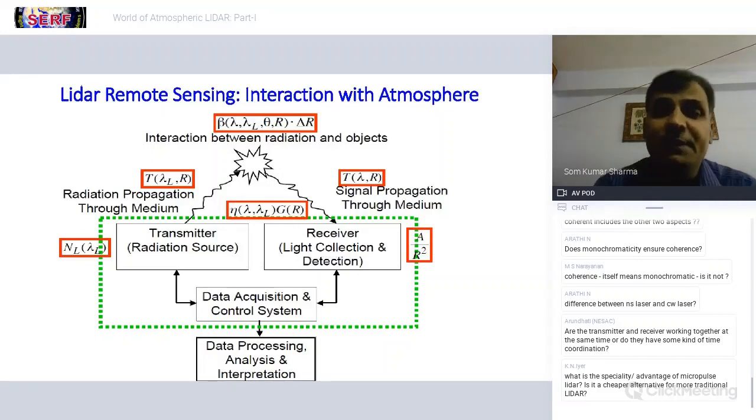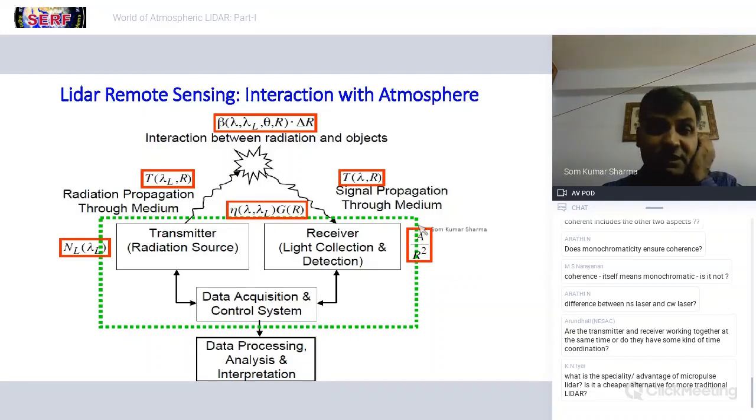The solid angle is subtended by the source at the telescope, that is A upon R square. These terms will again come into the LiDAR equation. Please remember. So this laser power, how many photons you are pumping into the atmosphere, how much is the transmittance of the atmosphere while going, and how much is the transmittance while the signal is received after interacting with the atmospheric objects, and then you have received.